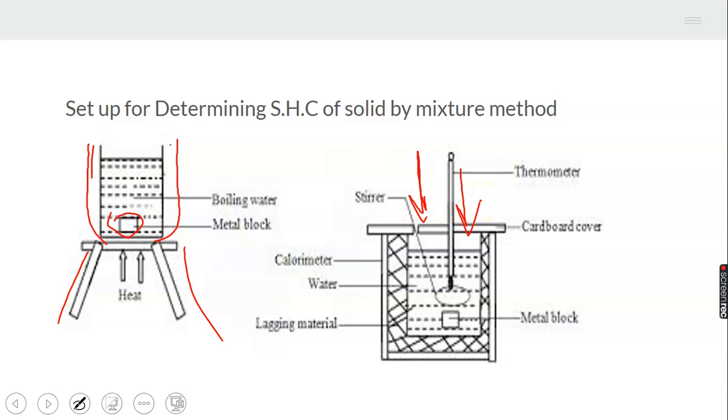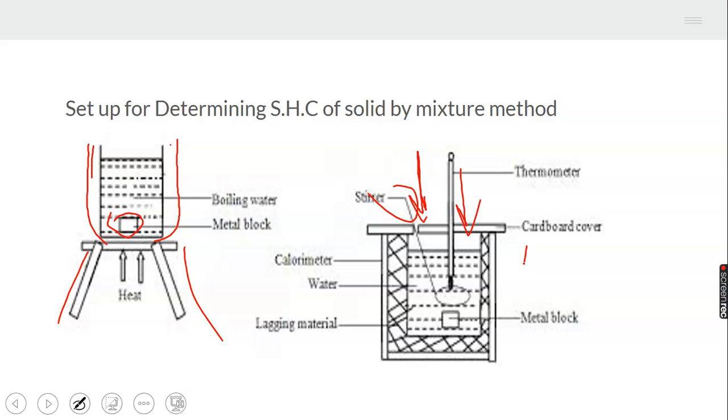Then the stirrer is used to stir the water so that the heat from the metal block circulates around the water. Once a stable temperature is obtained, the thermometer is read and the temperature is recorded. That temperature is the temperature of the mixture.